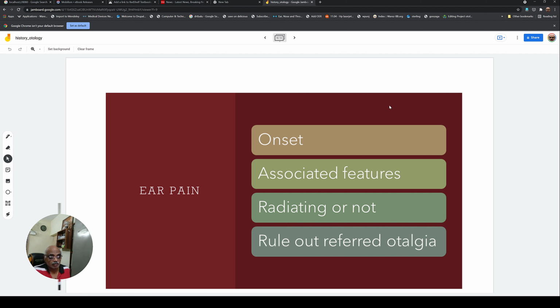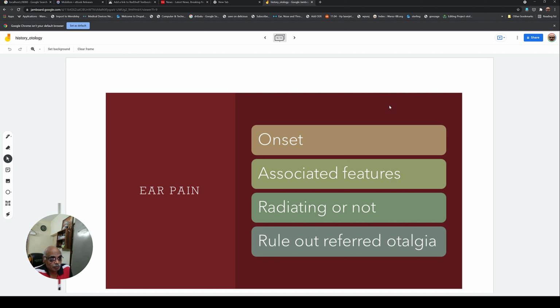And then referred otalgia should be ruled out, because pain in the ear need not be caused by pathology of the ear alone. It can be caused by tonsillar inflammation, or by other diseases involving the same dermatome. For example, acute tonsillitis can cause ear pain. Inflammatory lesions involving the nasopharynx can also mimic ear pain.